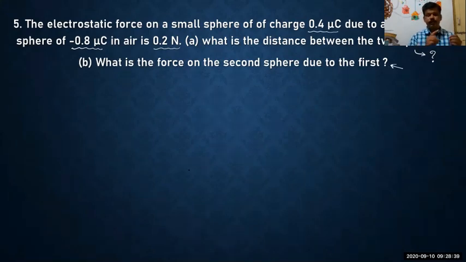Whether you take the force from charge 1 to charge 2 or force on charge 2 to charge 1, both these forces will be equal in magnitude, but only thing is they are opposite in direction. Is it clear? So therefore this second question, that is sub question B, is very clear. Now we have to focus on the question A, sub question A.